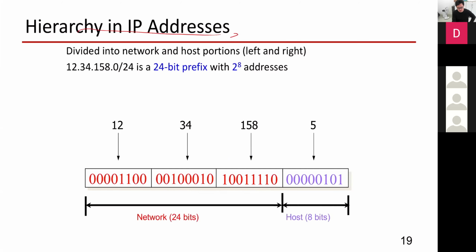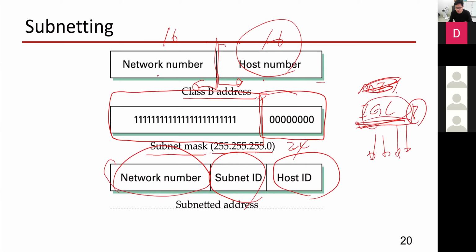IGC has a class B network, so everybody who needs it sends me a request, a ticket. Then we are the CS department, we need it. We are mechanical, and there is George Mason, and there is EE, something like that.